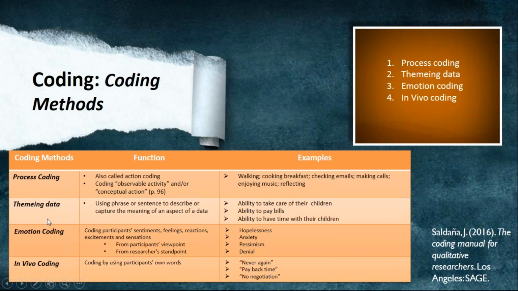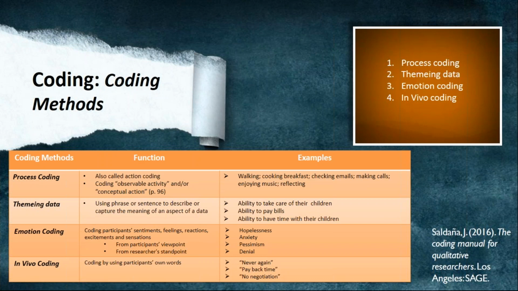You can also use theming data, right? Theming data is just identifying underlying meaning of the significant information that you have identified and using phrases to represent those significant information. Right, that's the theming data. And emotion coding. Let's say you want to capture participant emotions, right? Let's say you are interviewing a participant and they say, I don't know, I don't have any hope in life.